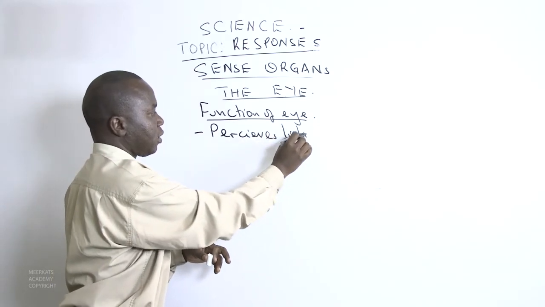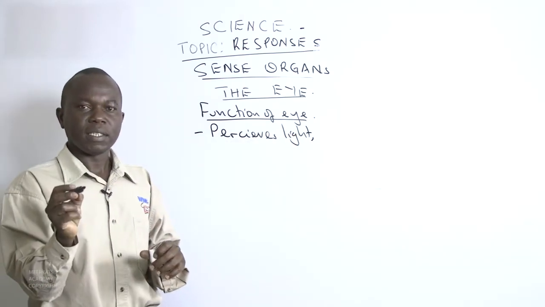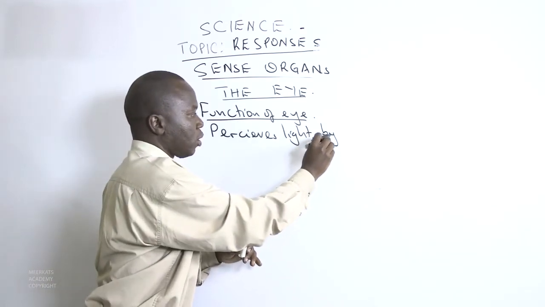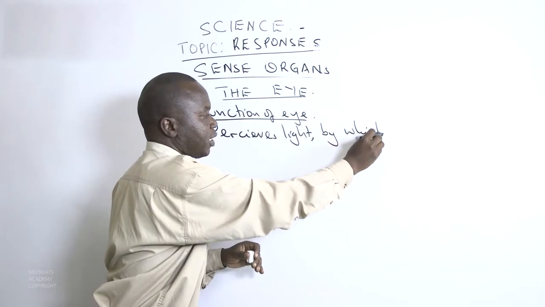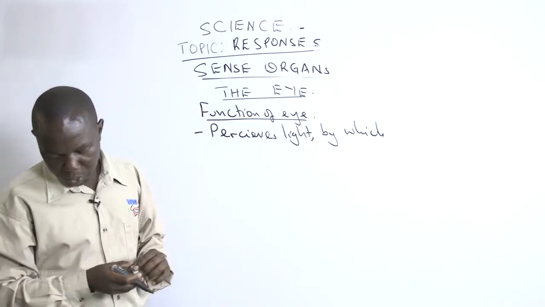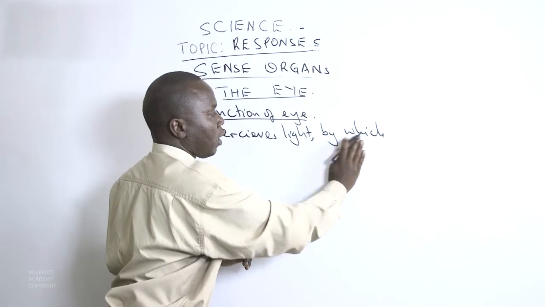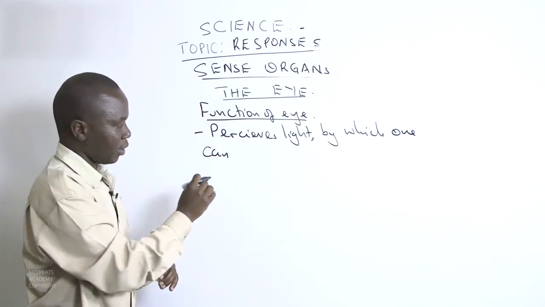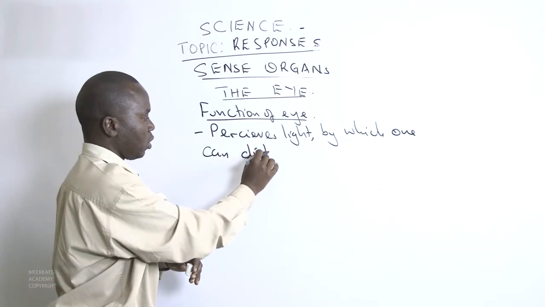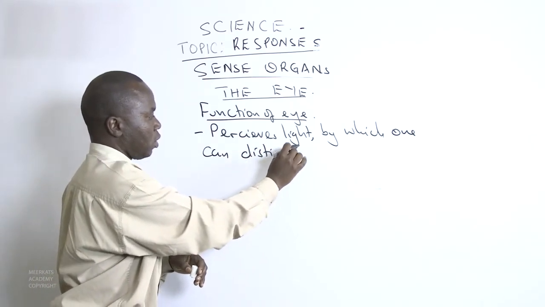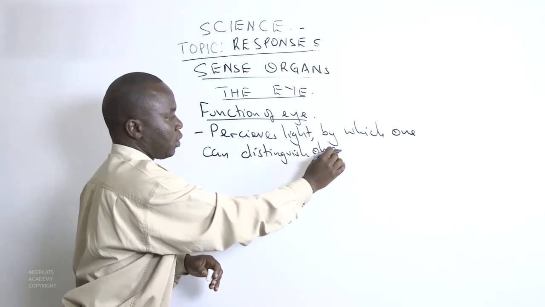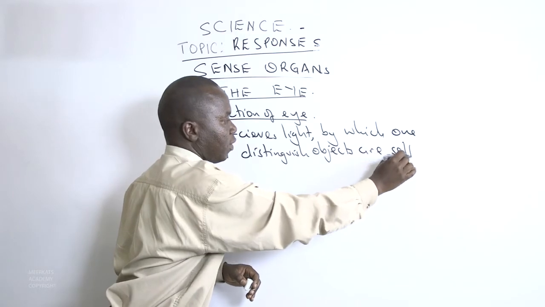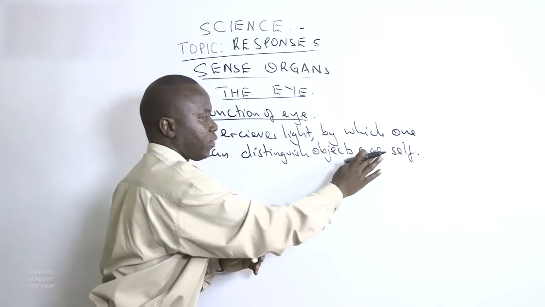It perceives light. Since light is the major stimulus, it perceives light, by which one can distinguish objects around self.